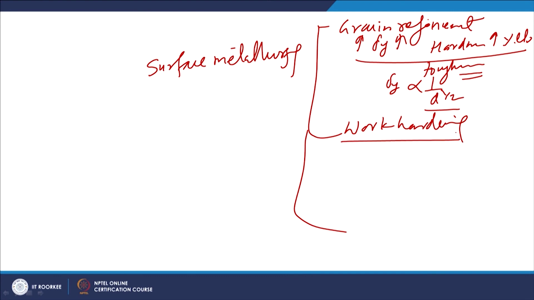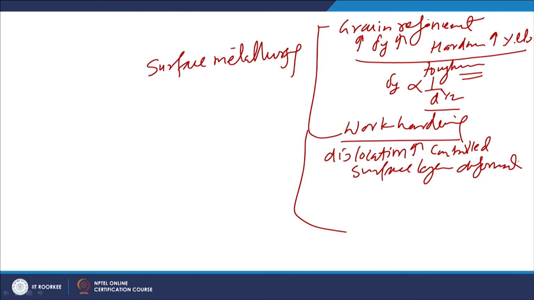In work hardening, the number of dislocations is increased through controlled surface layer deformation, and this increase in the number of dislocations increases the yield strength in proportion. So, as the number of dislocations increases, there is an increase in the yield strength of the material.